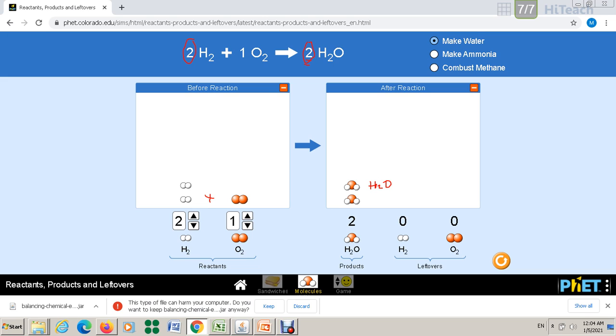I used 2 hydrogen molecules, so the number of atoms is 1, 2, 3, 4. 4 atoms. And here 1 molecule of oxygen. I have 2 oxygen atoms, as you see here. So here, this is the chemical equation to make what?